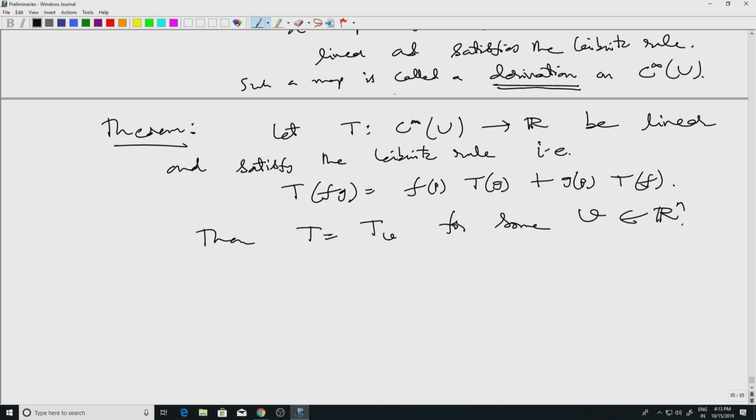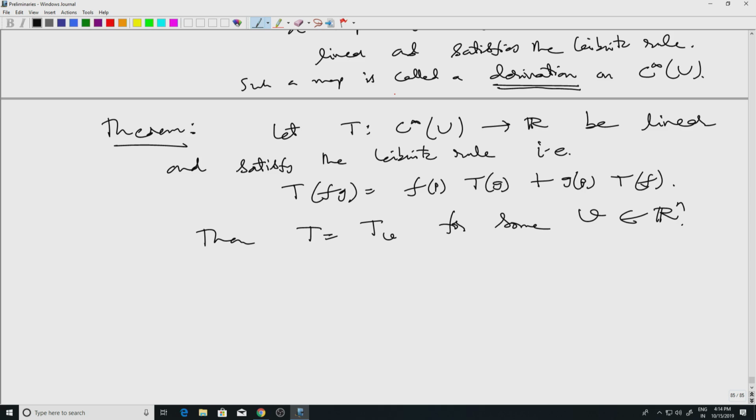So in other words, if you start with any map from C infinity U to R which is linear and which satisfies the Leibniz rule, notice that for this Leibniz rule to make sense, one doesn't have to really talk about derivatives.